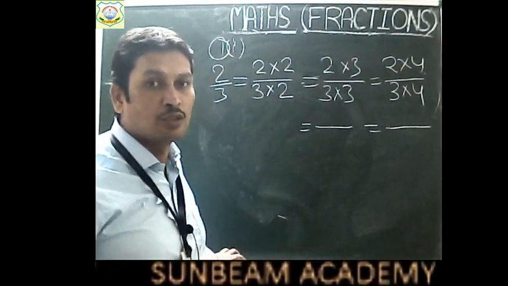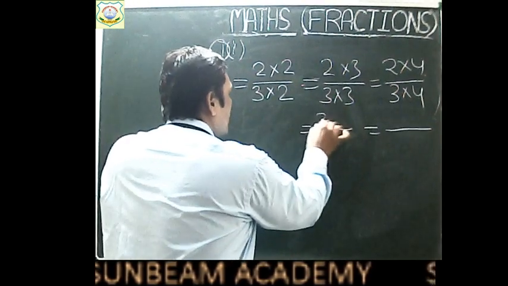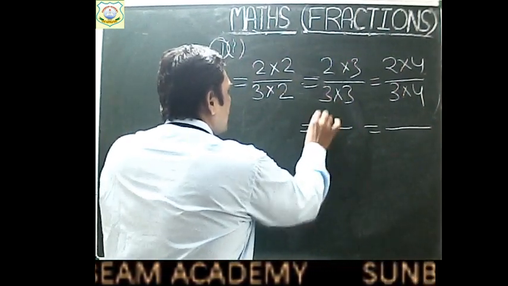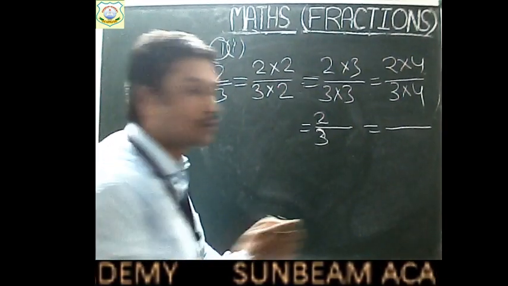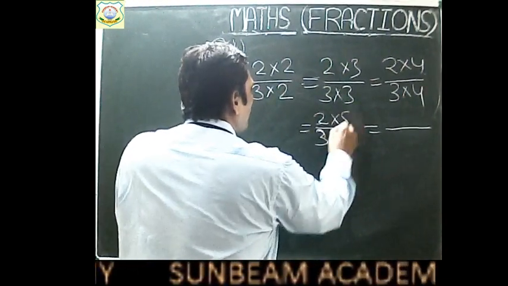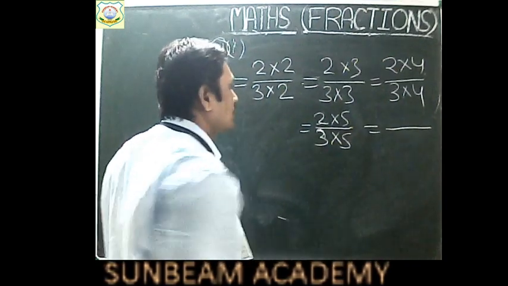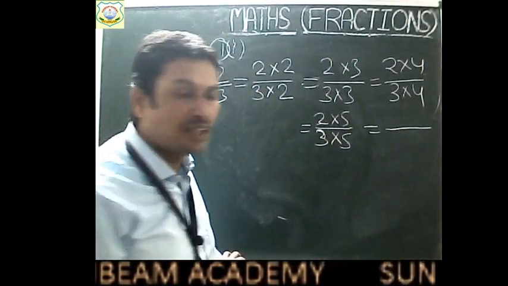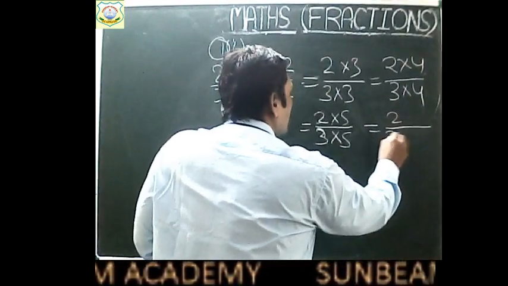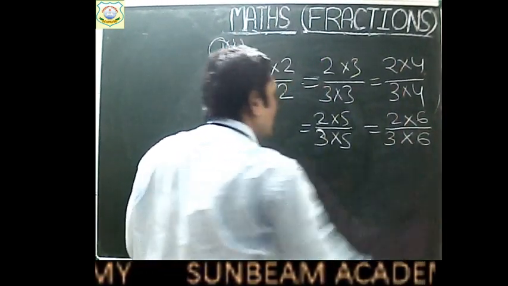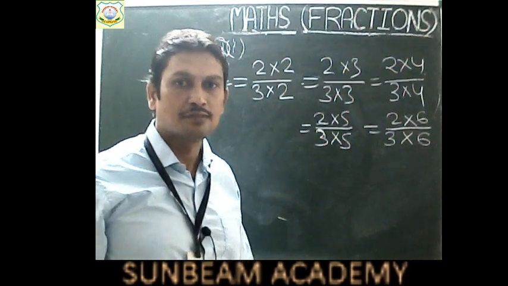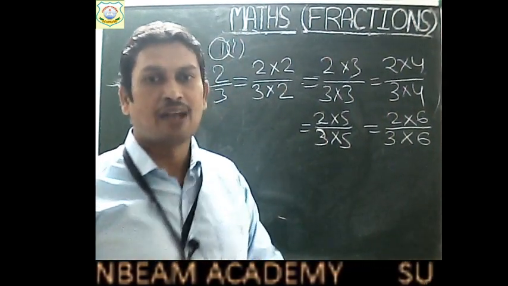Okay, to find the next equivalent fraction of 2 by 3 children, we will multiply both 2 and 3 by 5 now. So 2 into 5 upon 3 into 5, and to find the fifth equivalent fraction, we will multiply 2 and 3 both by 6. 2 into 6 upon 3 into 6. Right? So this is the way how to find them children.